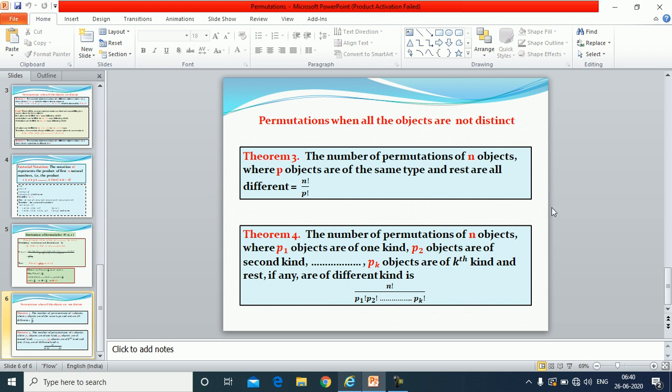The reason being, when some objects are identical and you are arranging all, if we use the formula for permutation of n objects taken r at a time, or n at a time, because some objects are same, they will result in the same arrangement. If we have two arrangements which are exactly same, they cannot be counted separately. They will be counted only once.